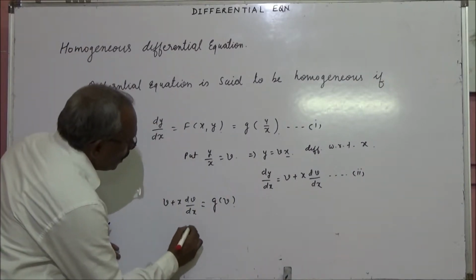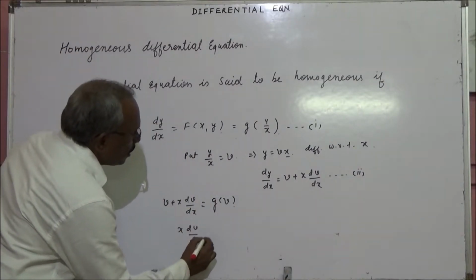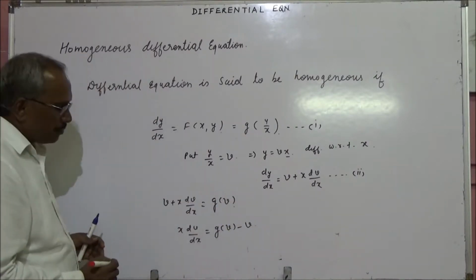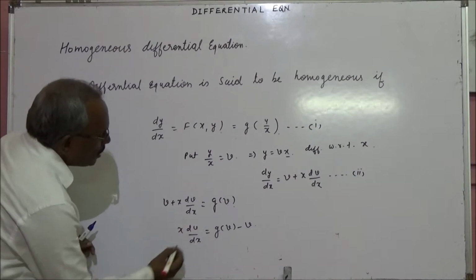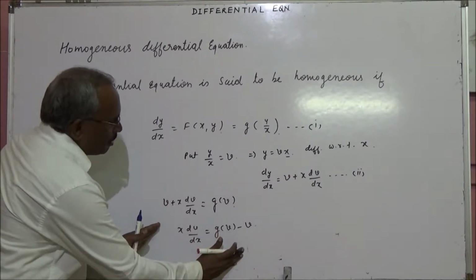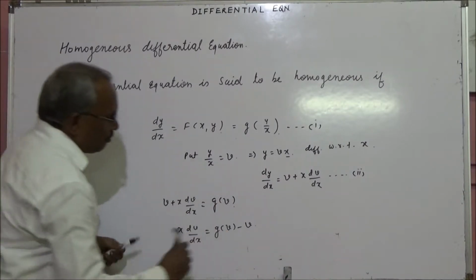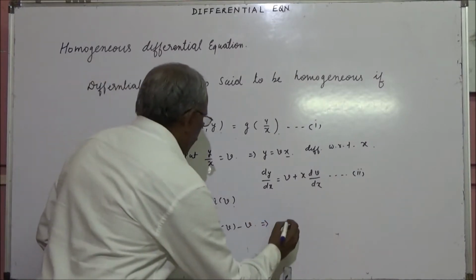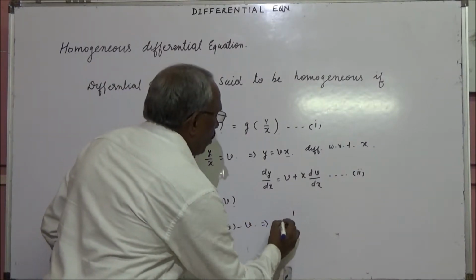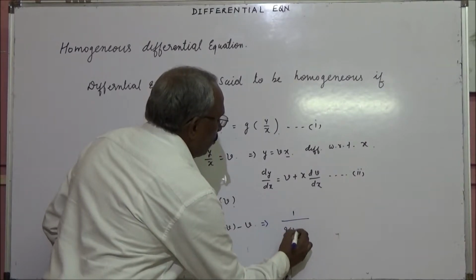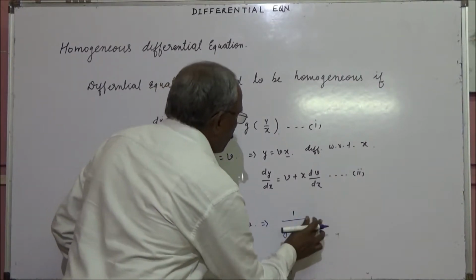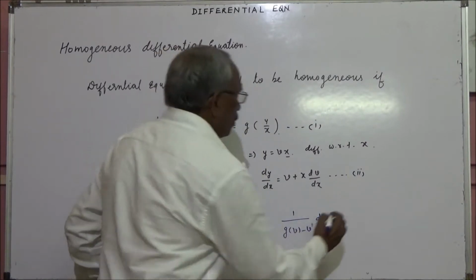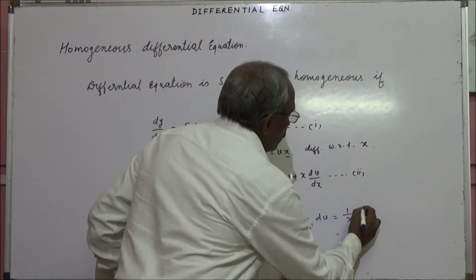So x dv by dx is equal to g of v minus v. Now it is in variable separable form. Taking v terms and x terms on separate sides, 1 upon g of v minus v dv is equal to 1 by x dx.